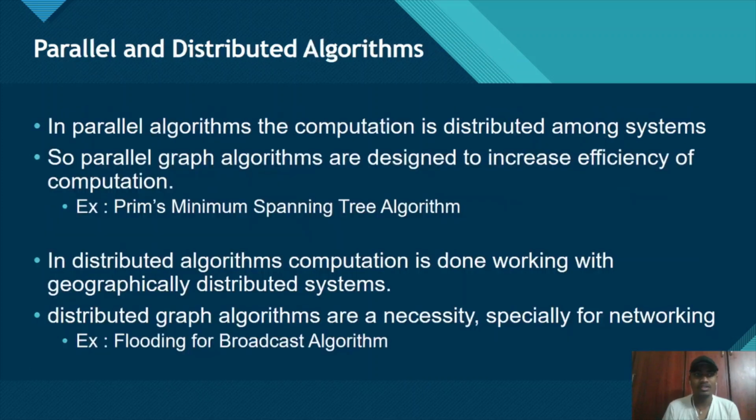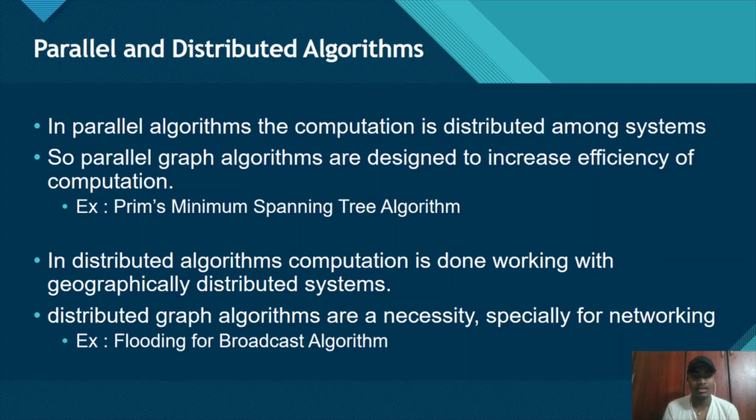Now I will jump into parallel and distributed algorithms. In parallel and distributed algorithms, the computation is distributed among systems, so the computation occurs in a distributed way. Parallel graph algorithms are designed to increase the efficiency of the computation when we do the work in a parallel way.